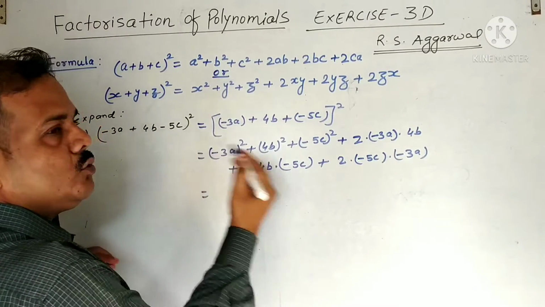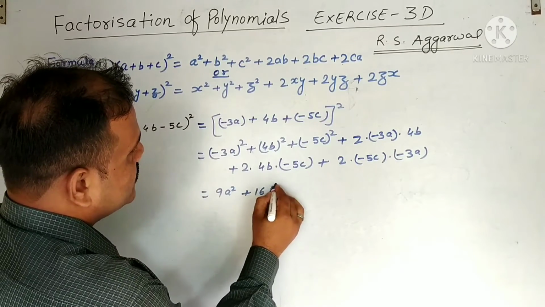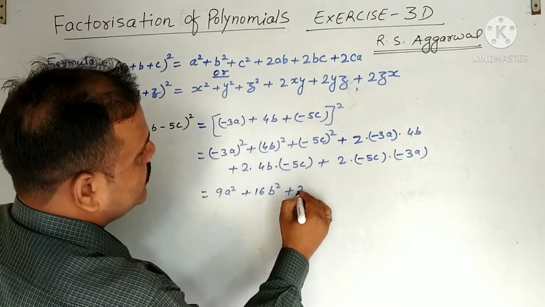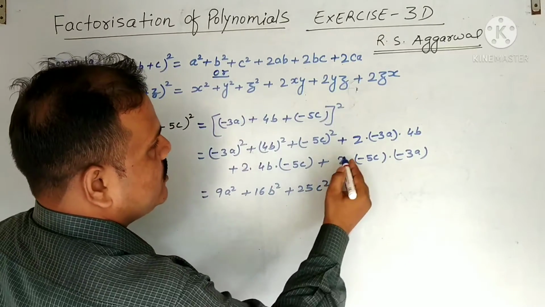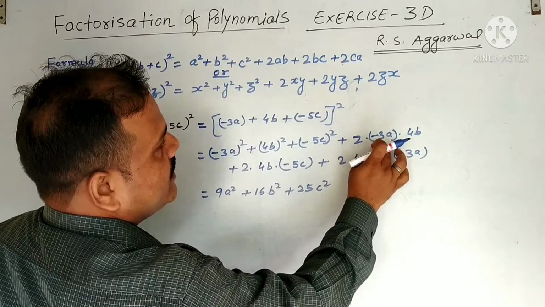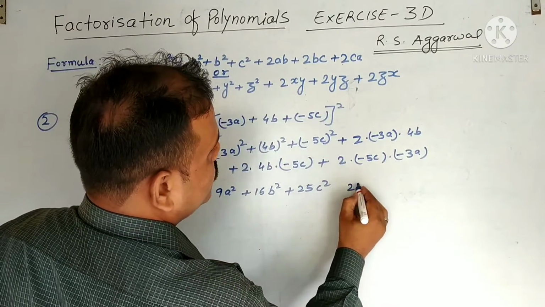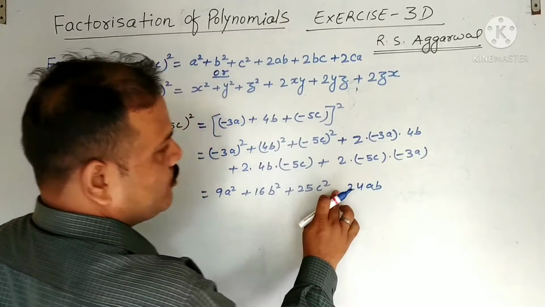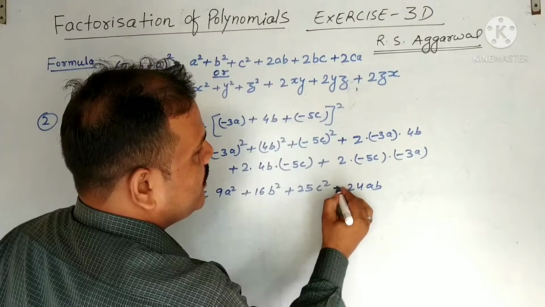So minus 3 into minus 3, it is 9a square plus 16b square plus 25c square. Negative multiply 2 times, that is positive. Now see, 2 into 3, 6 into 4, it will be 24ab. Now see, minus and here is plus, so it will become minus.